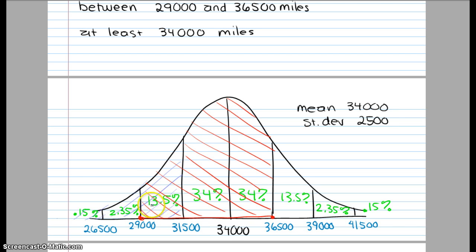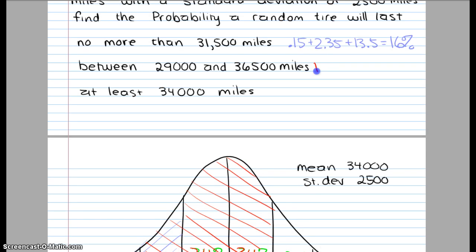So I'm going to add the 13.5 plus 34 plus 34. That gives me 81.5%. Good chance I'll get a tire that lasts somewhere between 29,000 and 36,500 miles.